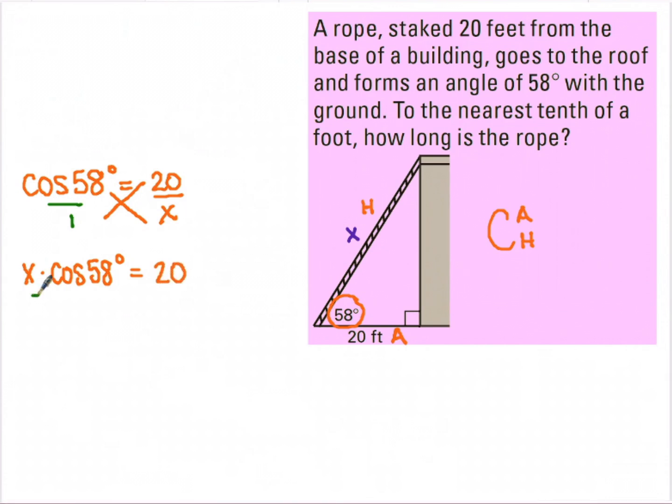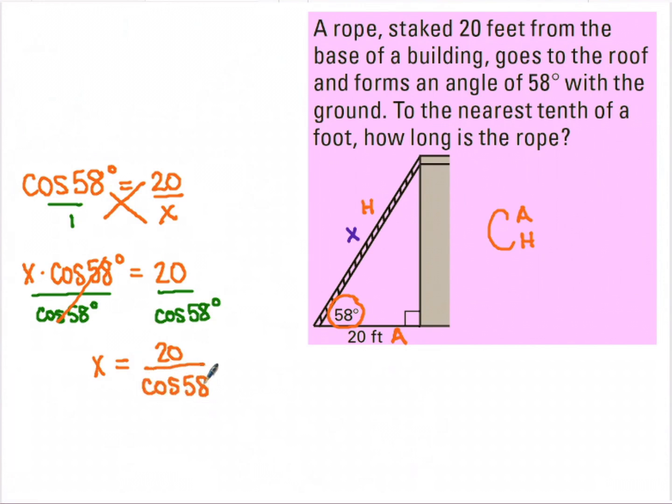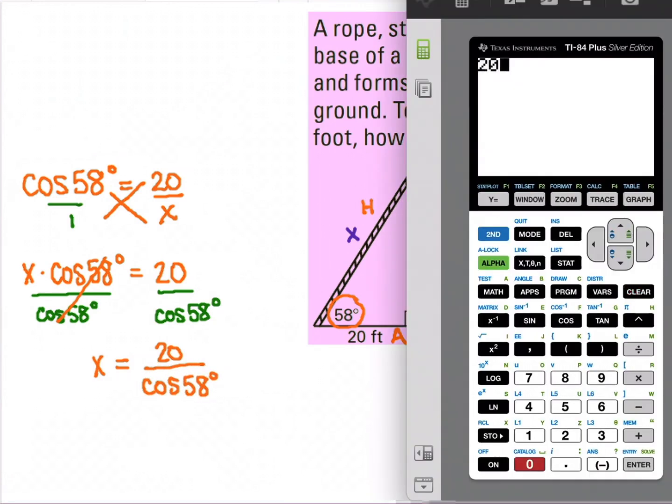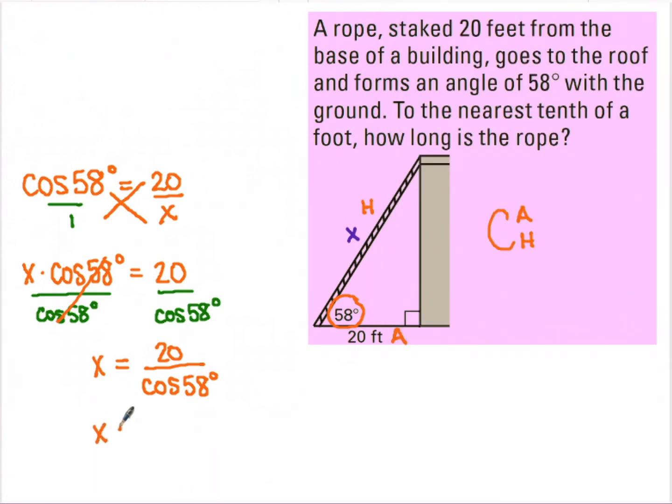This one, the X still isn't by itself, so we'll divide both sides by cosine 58. So the rope is 37.7 feet long.